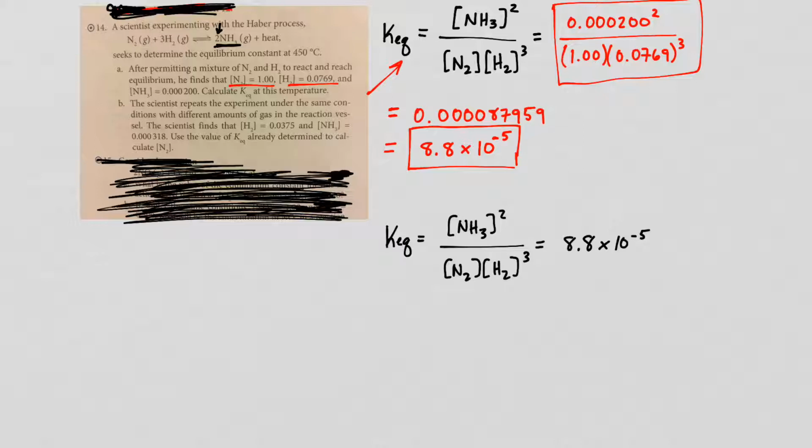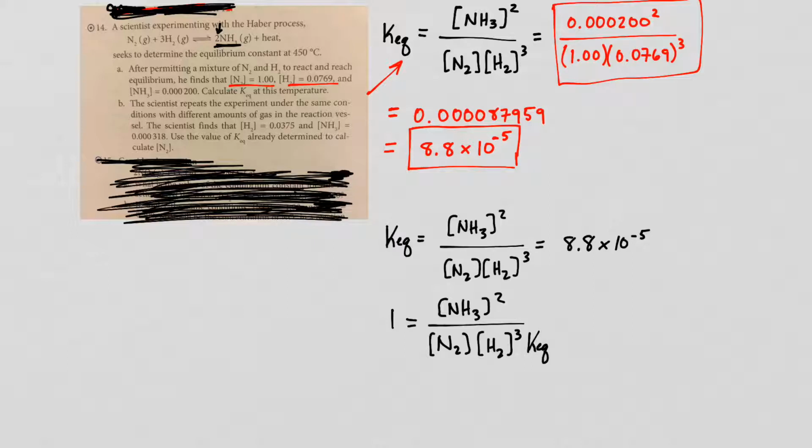The first thing I can do is divide both sides by KEQ. If I divide both sides by KEQ, I'm left with 1 equals NH3 squared divided by N2, H2 cubed, times KEQ.